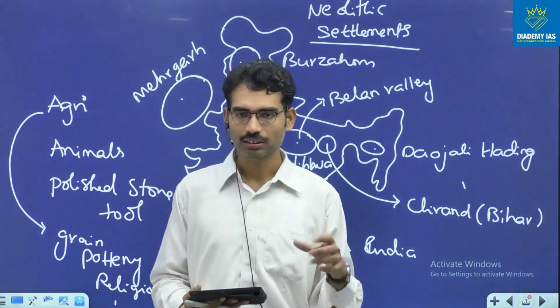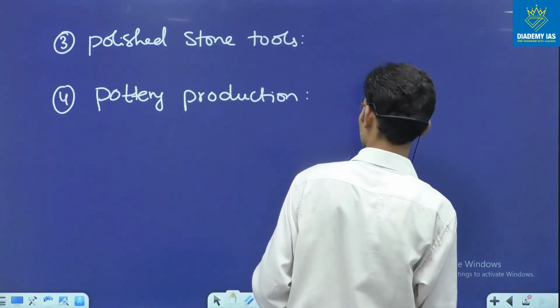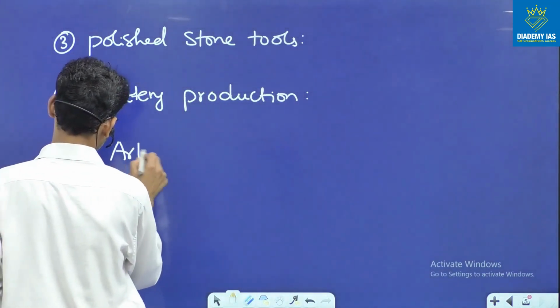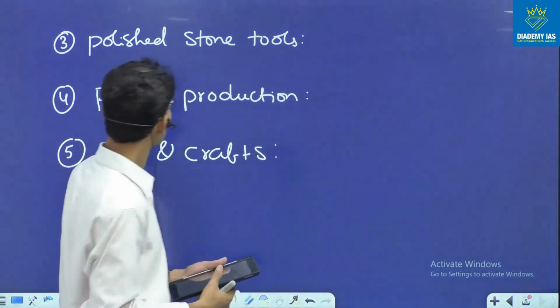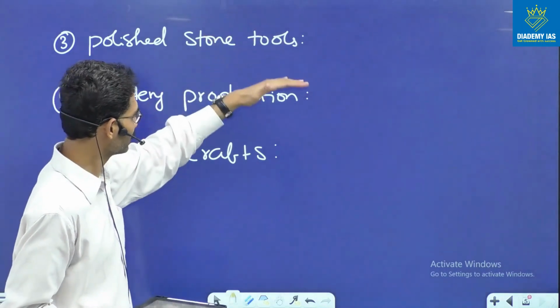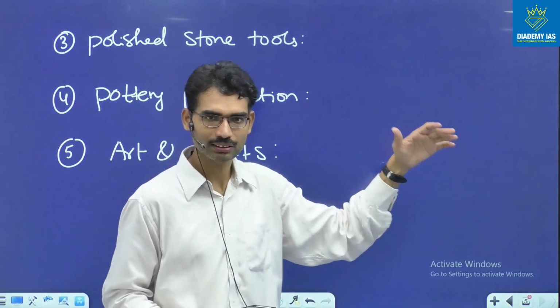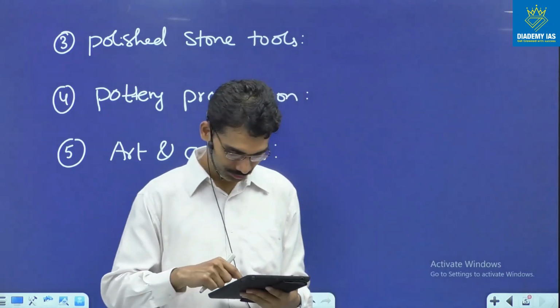Next, art and crafts, the fifth one. Now you see, agriculture came, domestication came, industrial activities also coming. So these are the major characteristics of the historic period, but the beginning stage is Neolithic.